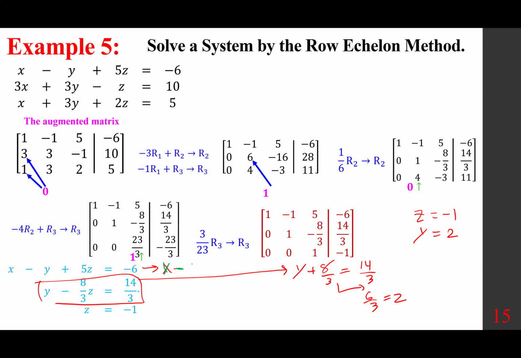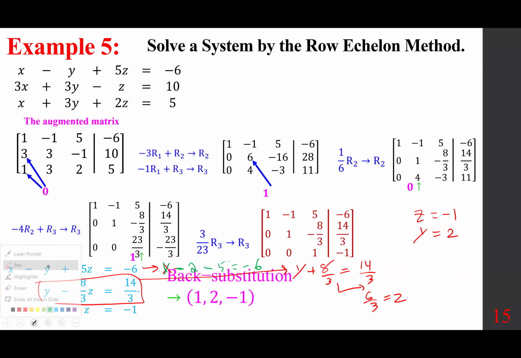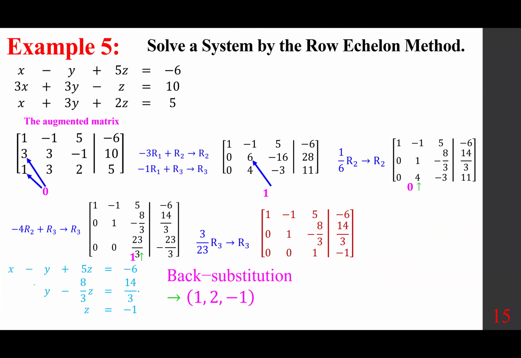X minus y, which is 2, plus 5z, plus 5 times -1 minus 5 equals -6. And -2 minus 5 is -7, goes to the other side. +7 with -6 becomes 1, and these are the answers. 1, 2, -1. Let me erase my. So you can easily find all of the solutions.